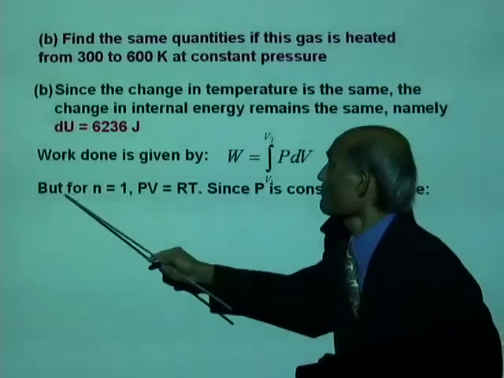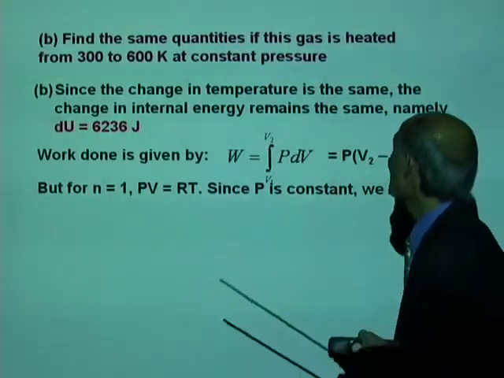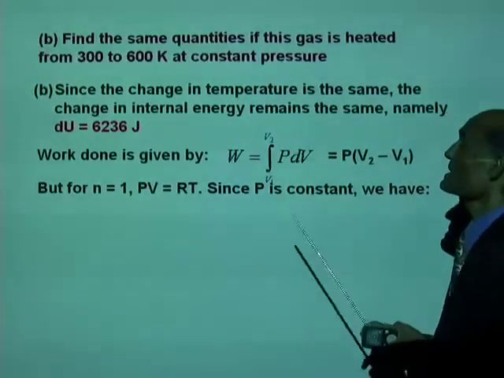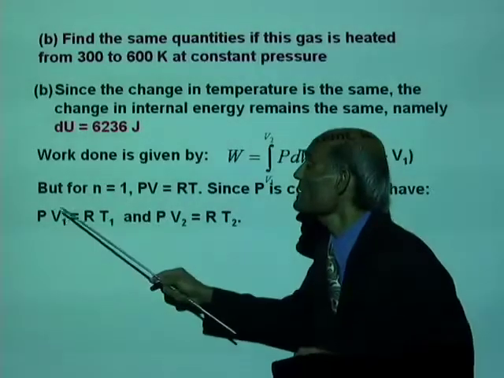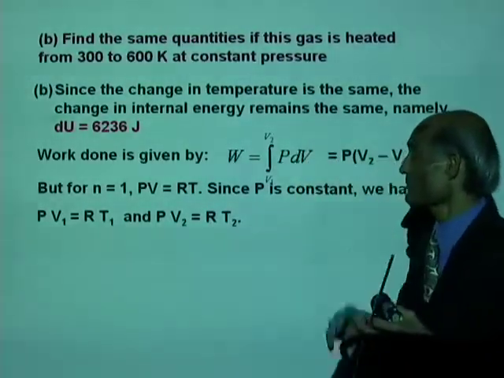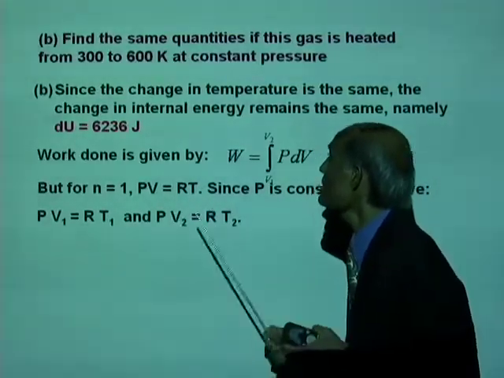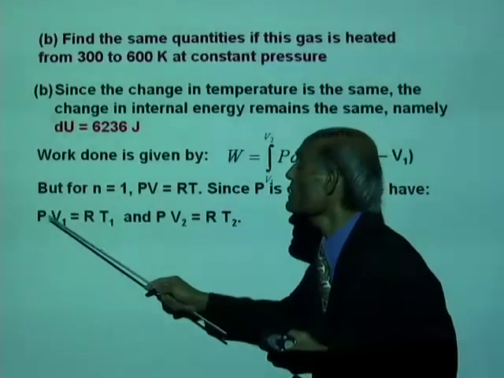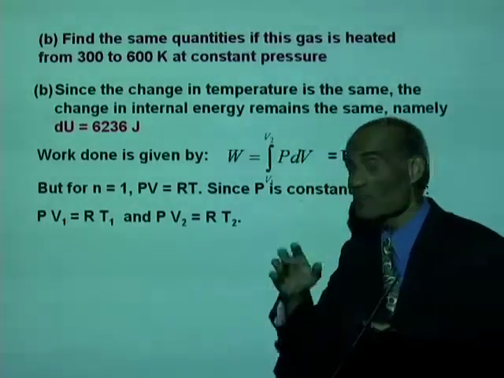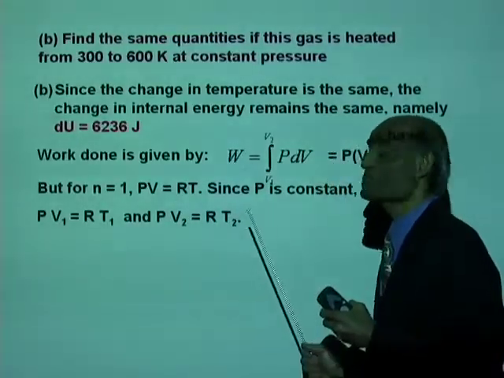And we have n equal to 1, PV equal to RT. And since P is a constant, we have PV1 equal to RT1. Is that right? Because PV equals RT, PV1 equals RT1, that is state 1, and PV2 equals RT2.